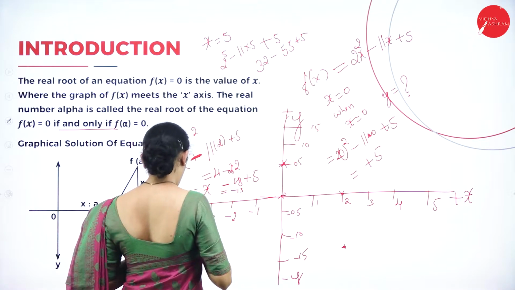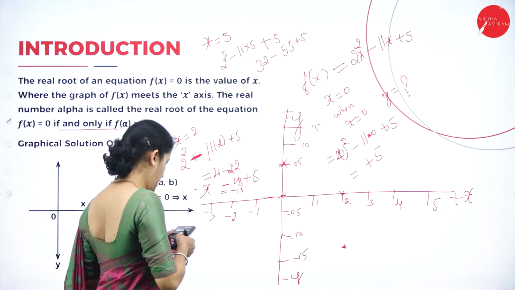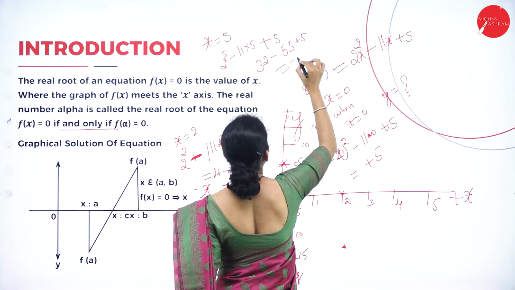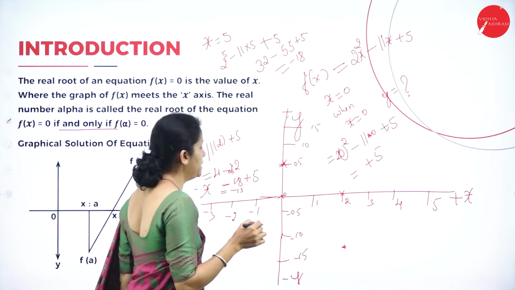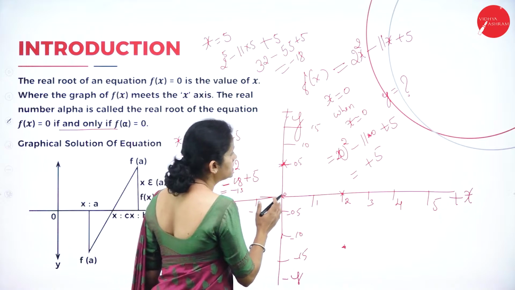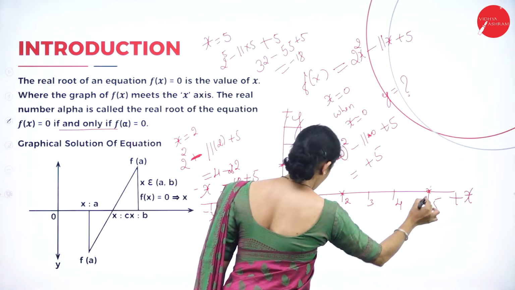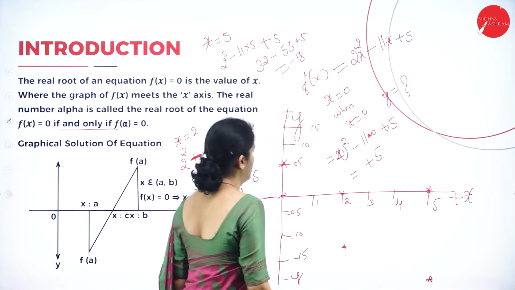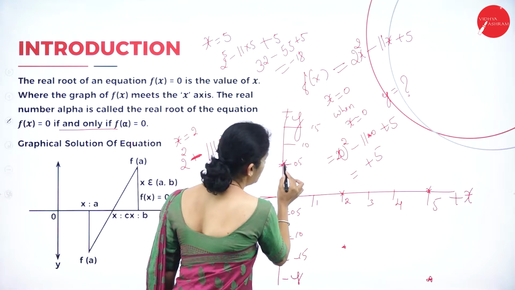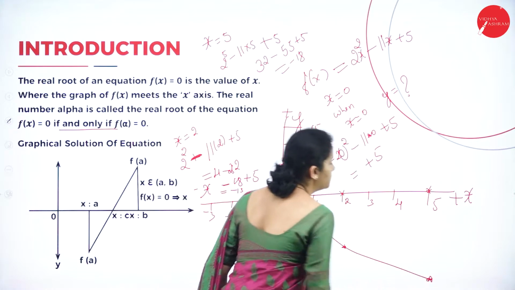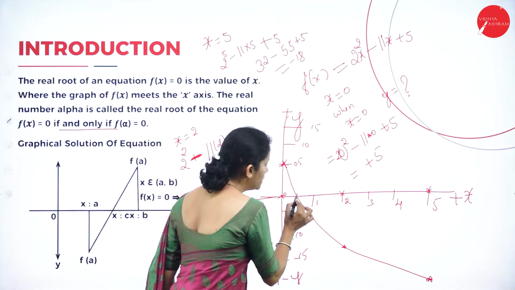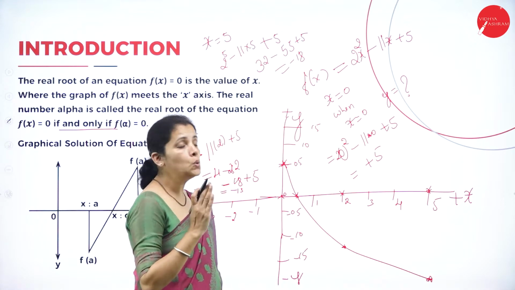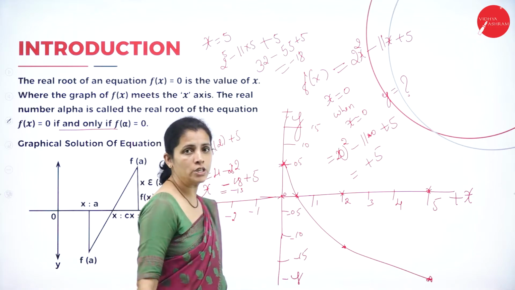So minus 55 plus 5, what is the answer? It is minus 18. That means when my x is 5, my y is minus 18. Now, if I draw the line, this intersecting point itself is known as root of the given equation.